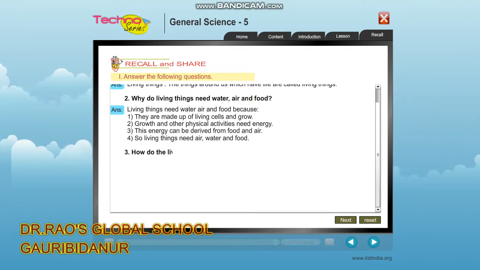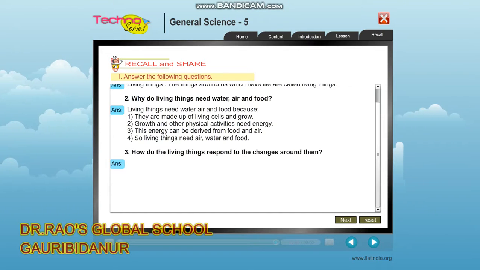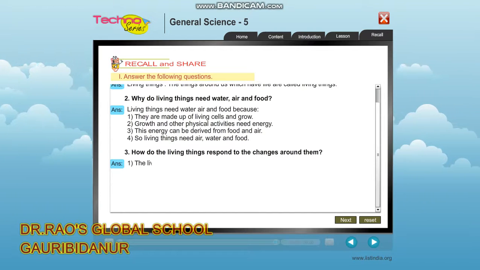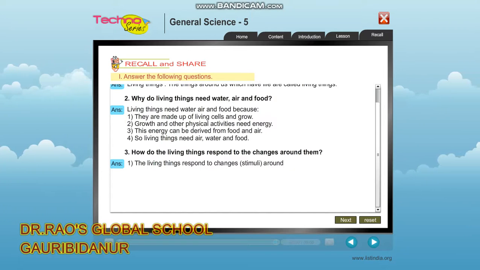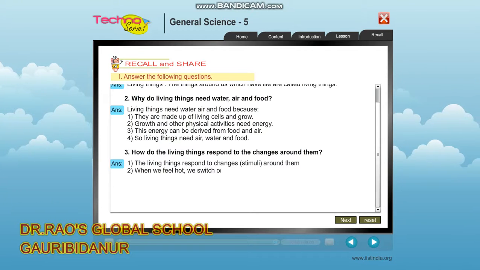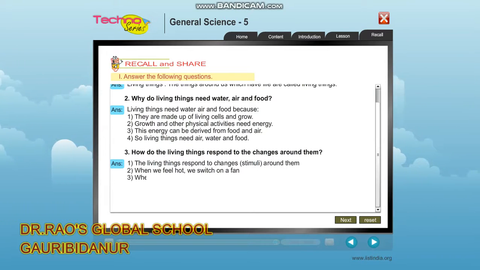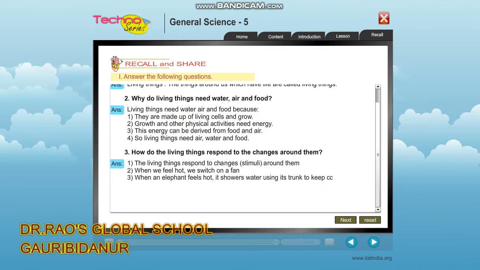How do the living things respond to the changes around them? The living things respond to changes, stimuli, around them. When we feel hot, we switch on a fan. When an elephant feels hot, it showers water using its trunk to keep cool.